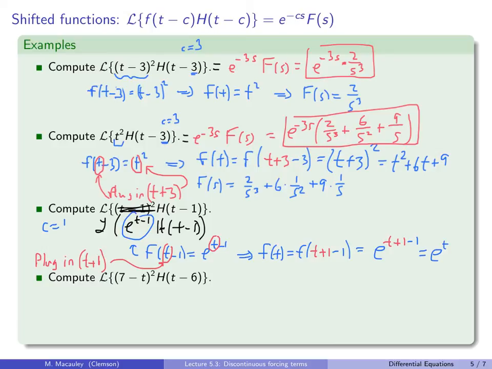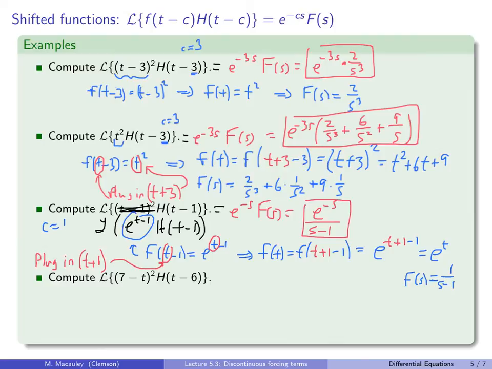So the Laplace transform of this is 1 over s minus 1. So our Laplace transform of this original thing is e to the minus s times F of s, which is e to the minus s over s minus 1.